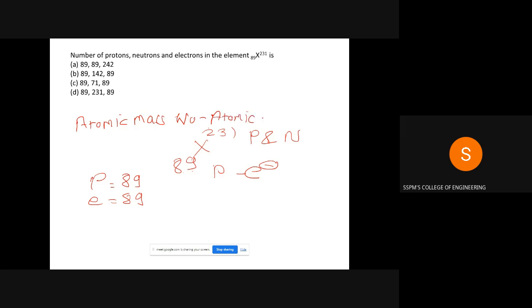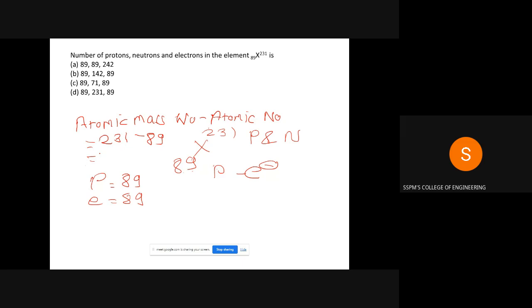That means 231 minus 89, that is equal to 142. So the correct answer is protons are 89, electrons are 89 and neutrons are 142. So 89, 89 and 142.